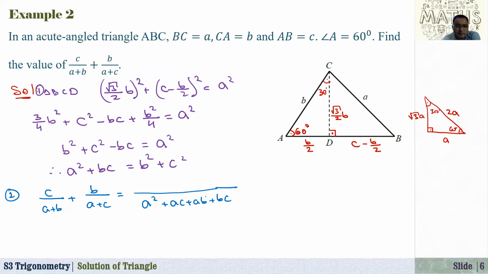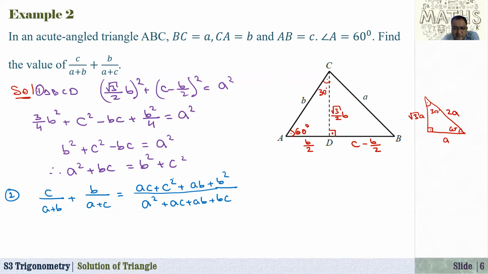A plus B, A plus C. So now here we have C times A plus C, that is AC plus C squared. And B times A plus B, that is AB plus B squared.